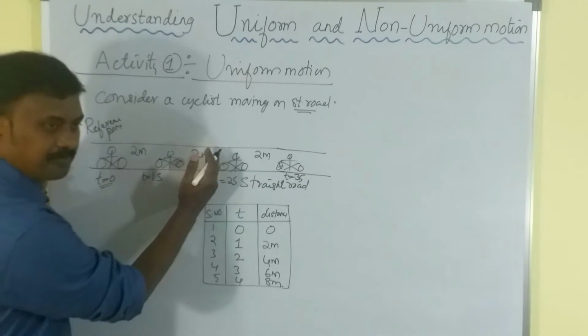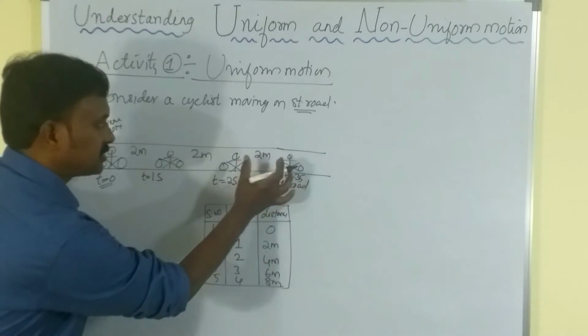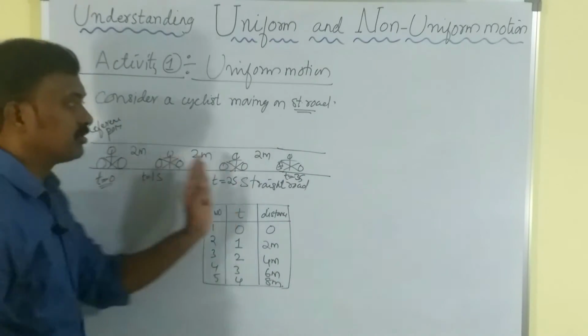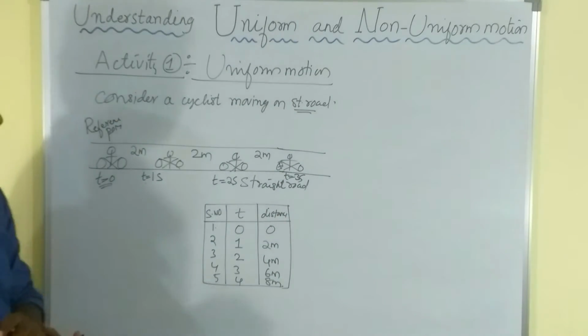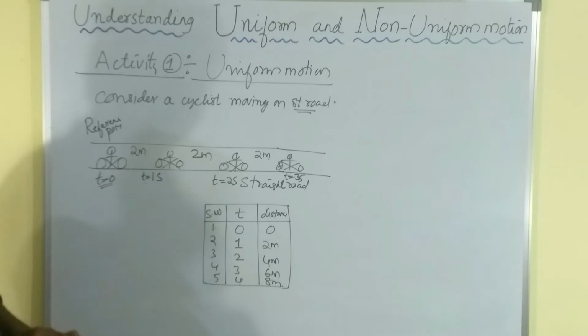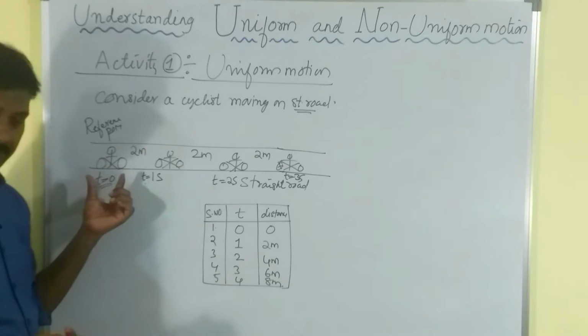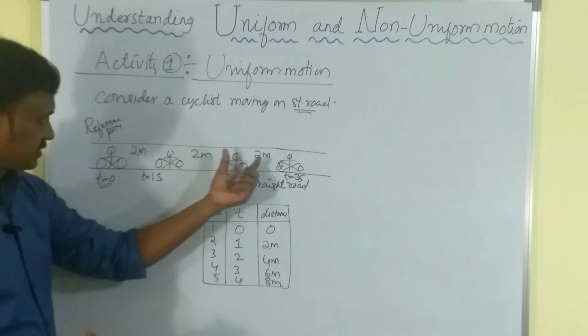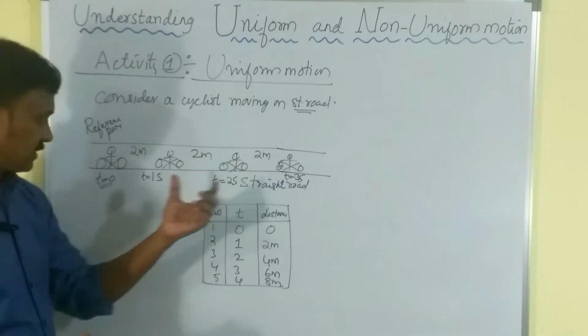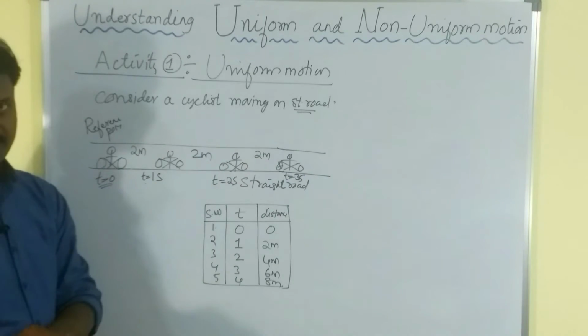After 1 more second, that is total 6 meters, and so on. Now here what is happening is that the body is covering equal distances in equal intervals of time.